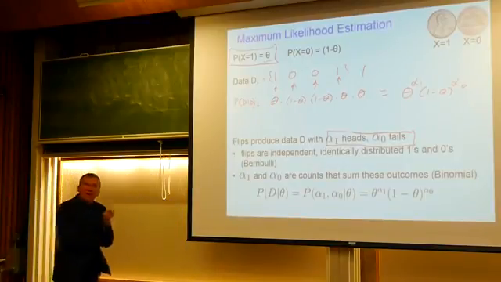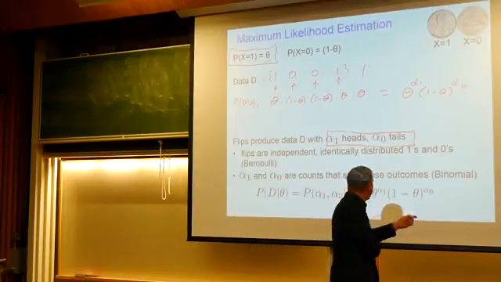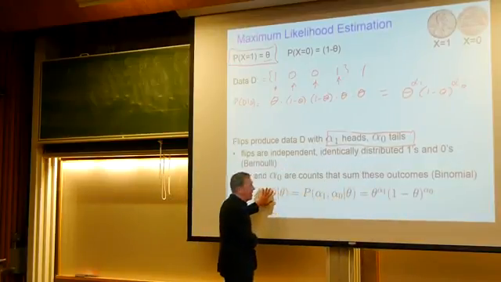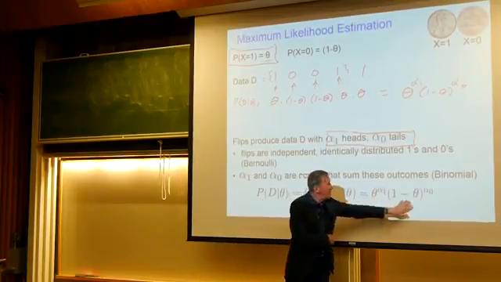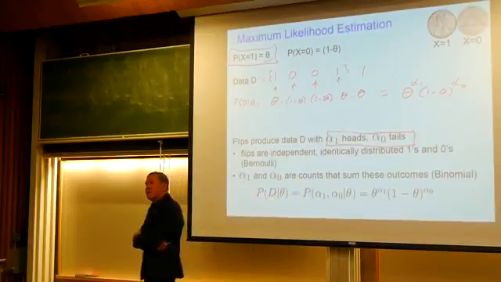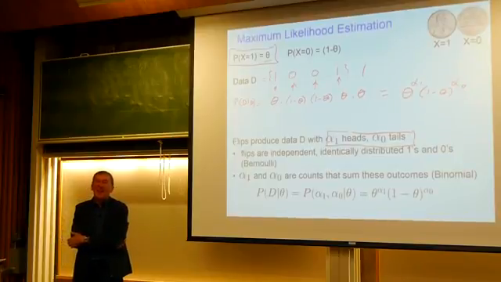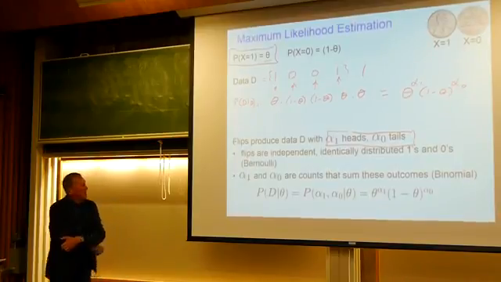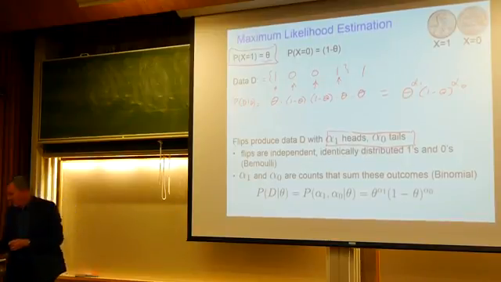So now, think back to freshman calculus. If you want to know what's the value of theta that's going to make this probability as big as possible, this probability maximized, what do you do? Right, right. This is one of those functions where we can take the derivative and set it to 0.